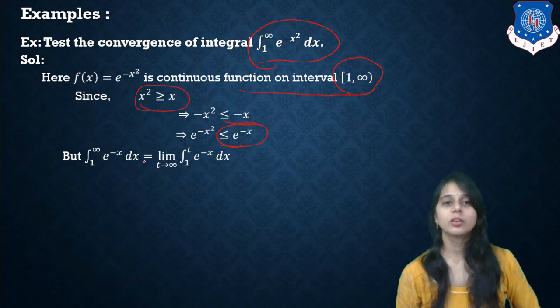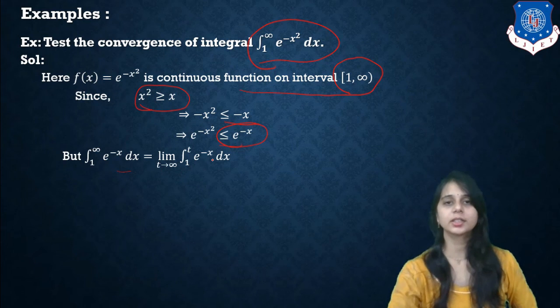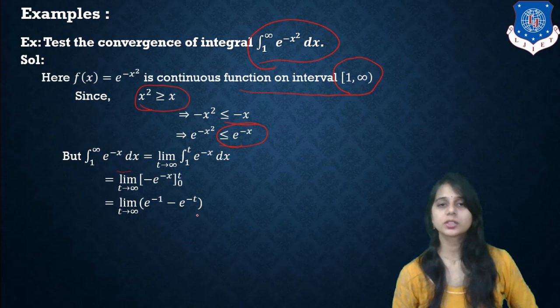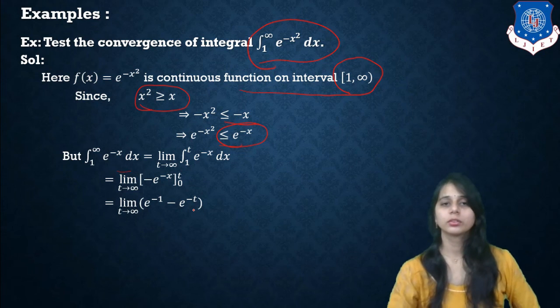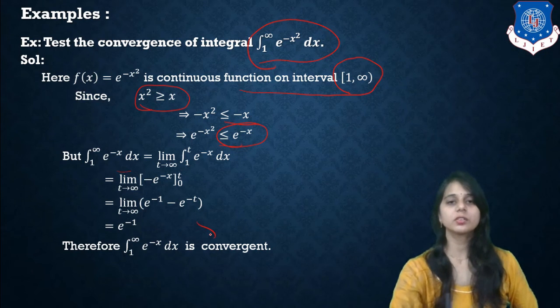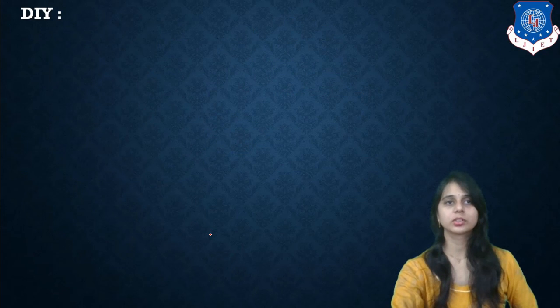So we consider integration 1 to infinity of e raised to minus x dx, the limit as t tends to infinity of the integral from 1 to t of e raised to minus x dx. Applying the limit and integrating, we get e raised to minus 1 minus e raised to minus t, which gives e raised to minus 1. So this is convergent, and by the comparison test the given integral is convergent.